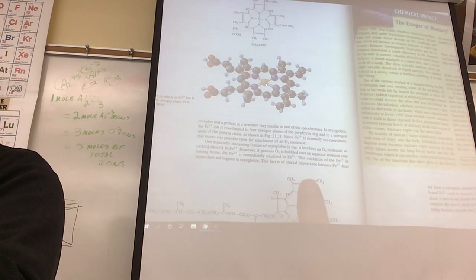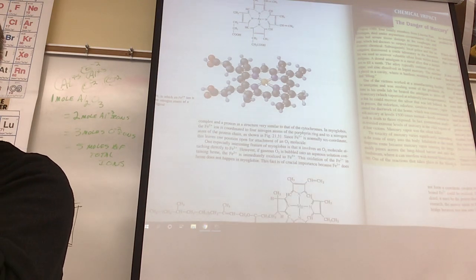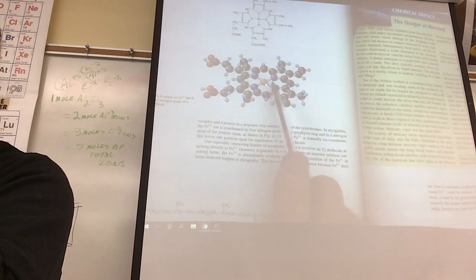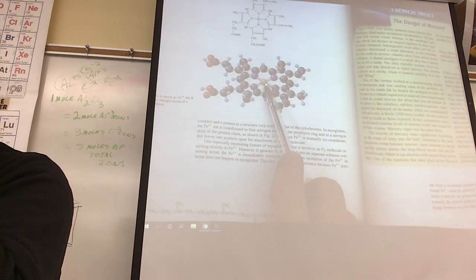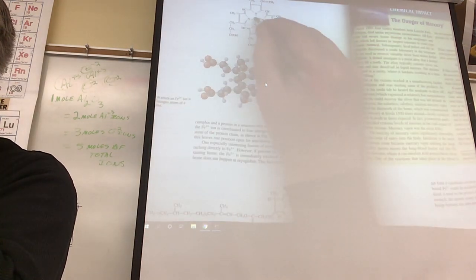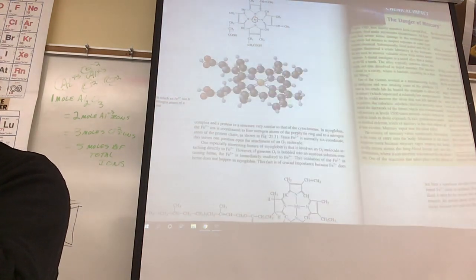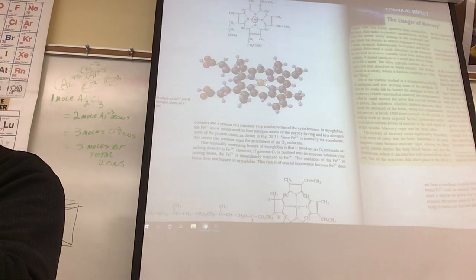Now, look at this right here. That's a weird structure. It is organic, but what is this? These are nitrogens, and what's in the very middle? You have this organic molecule, but what's in the middle? Is that iron?